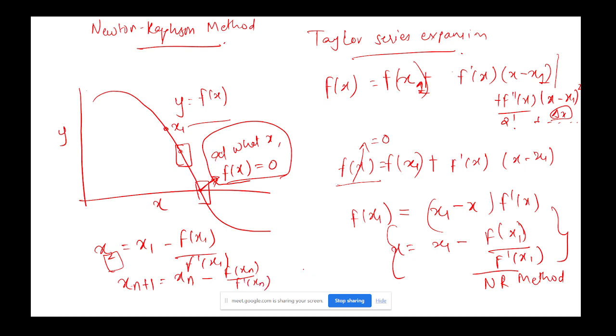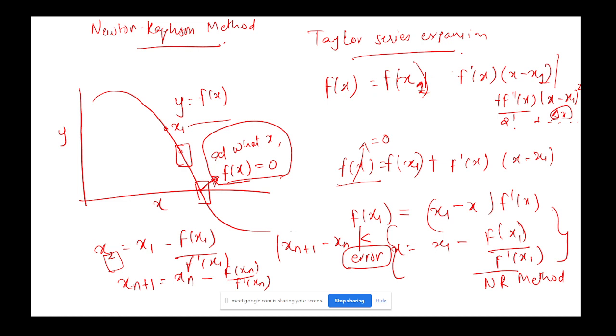When do you stop? You usually stop when xn plus 1 minus xn is less than the permissible error. There will be a certain allowable difference value, and if it is less than that, then you can stop.